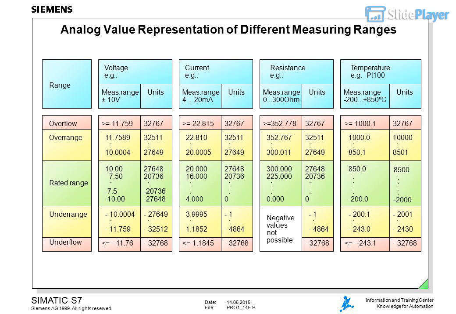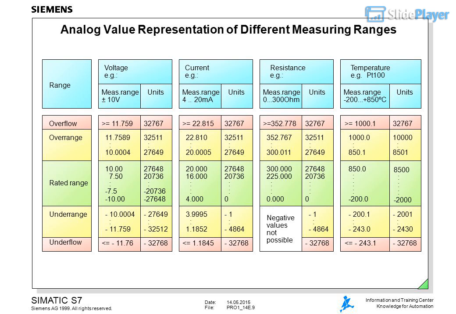Units: 32,767, 32,511, 27,649, 27,648, 20,736, 1, minus 4,864, 32,768.